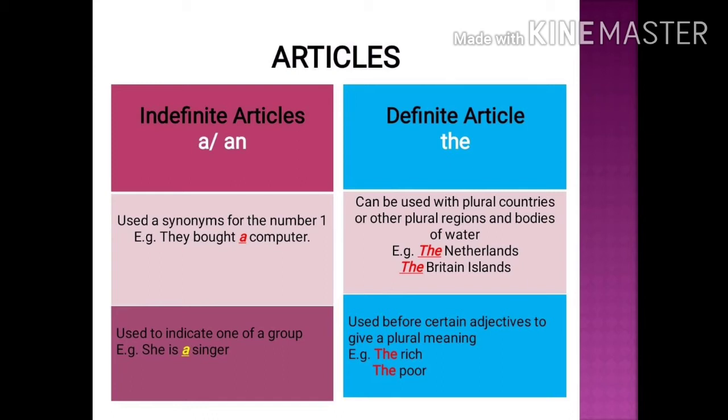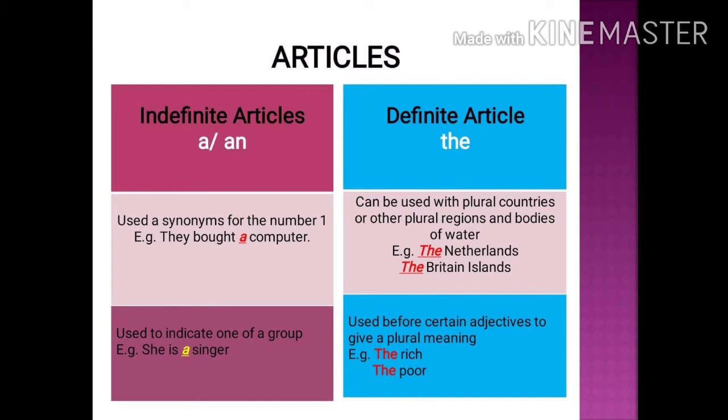We can just say India, but we can say the Netherlands because all 12 provinces have individual authority. It's like different kingdoms put together. Imagine many provinces, many kingdoms put together, and it is called the Netherlands. For such plural countries, you can use the definite article the.